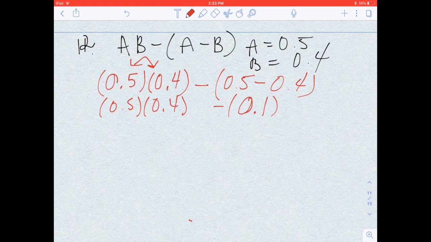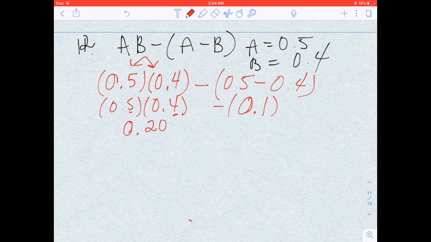Okay, now I can do my multiplication. So 0.5 times 0.4 gives me 0.0. Oh, sorry, that's wrong. 0.20. And I get that because 5 times 4 is 20, and I have two numbers after my decimal because I have this number and that number after my decimal.